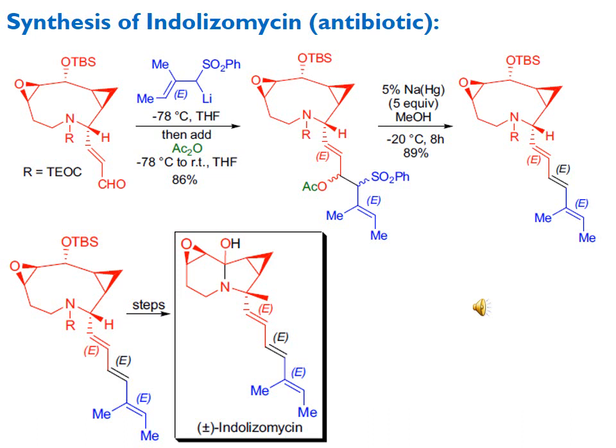Then it is converted, in the presence of sodium amalgam and methanol, into an alkene, and we get a conjugated system of alkenes. This conjugated system of alkenes then moves through a number of steps, and finally we get the product, this drug, which is used as an antibiotic.